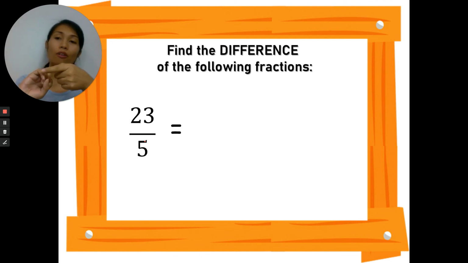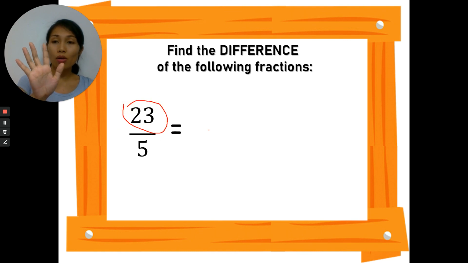So let's count. 1 5 is 5, 2 5s is 10, 3 5s is 15, 4 5s is 20, 5 5s is 25. 25 is too much because we just have 23. So we cannot have 5 5s.